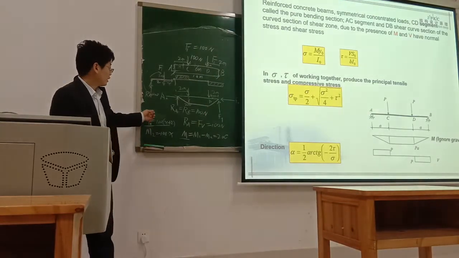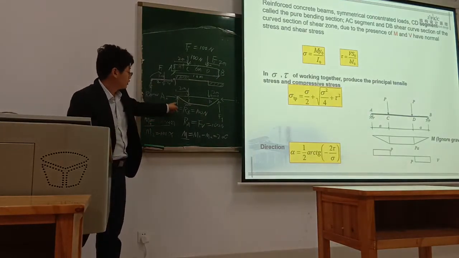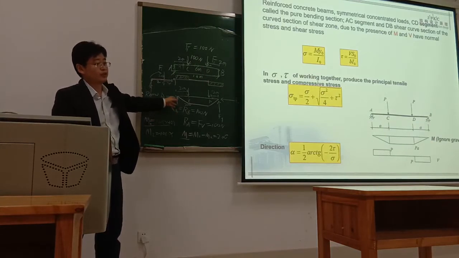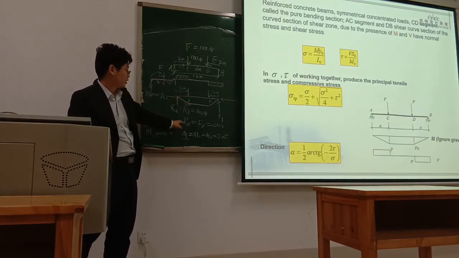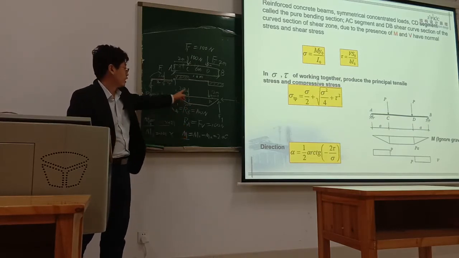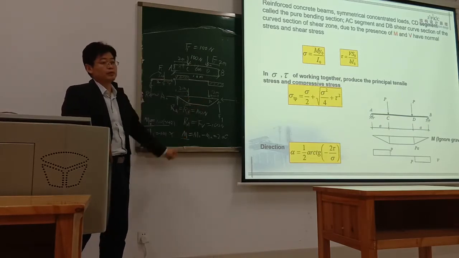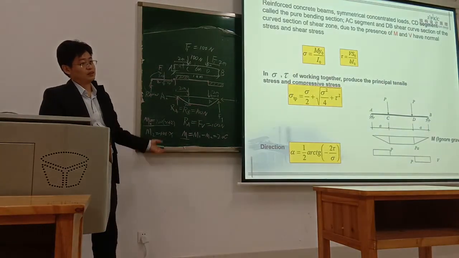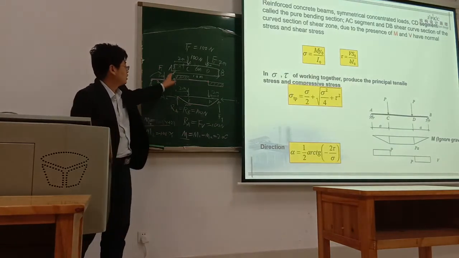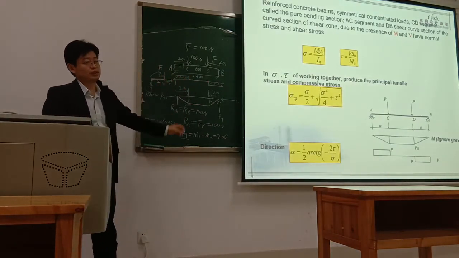So actually, it's very easy. First, find the reaction force, and just use this to balance the force and balance the moment to calculate the moment and the shear force of each section. Especially for this simply supported beam, it's so easy.